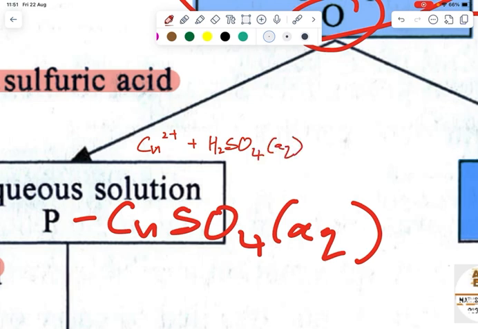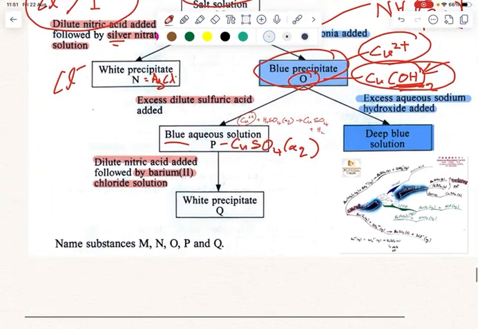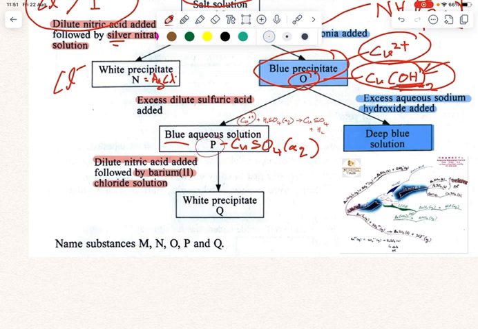Obviously, it will produce your copper sulfate, CuSO4, plus of course hydrogen gas, and so on and so forth. It depends if it's copper carbonate or whatever. So that's your basic equation. And of course, you have your copper sulfate produced. That's your P.